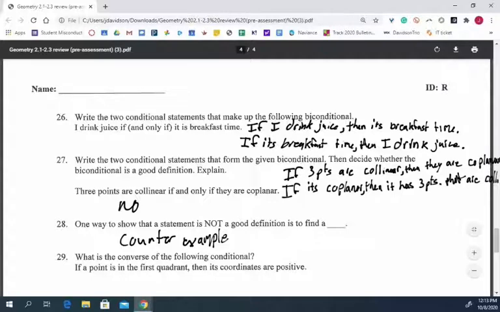What is the converse of the following conditional? We just have to reverse it.